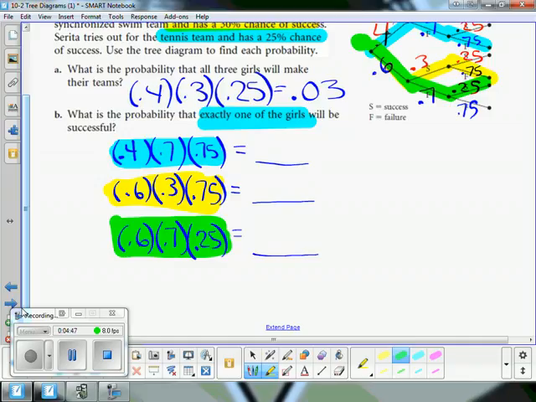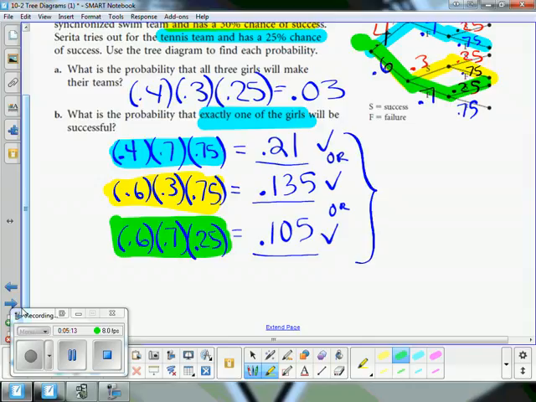So who got the blue answer for me? 0.21. Yellow? 0.135. Anybody have the green? Katie? 0.105. So one girl being successful in making the sports team would be either this, or that.